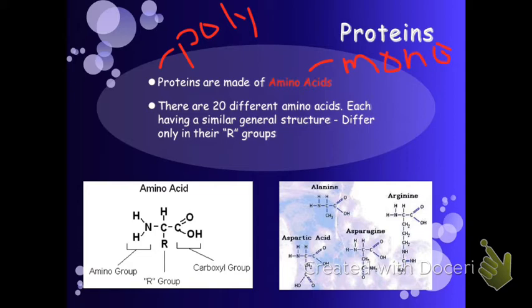So the amino acids are our building blocks, kind of like our Lego bricks. All of these macromolecules that we're talking about have a polymer and a monomer, and I kind of picture them as Legos. We're going to build a great big Lego train with our monomers. So amino acids are the monomer that make up the protein.